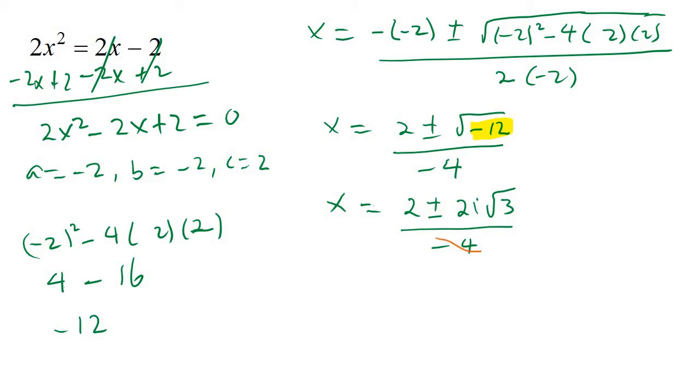By negative 2 will be 2, and this negative 1, and then this one becomes 1i over there, but this turns the sign.